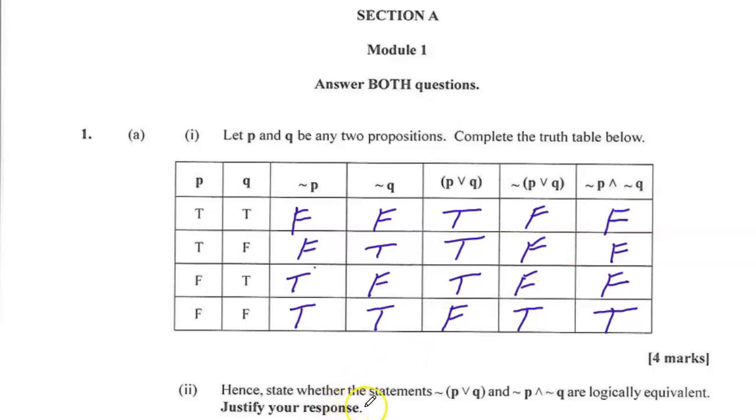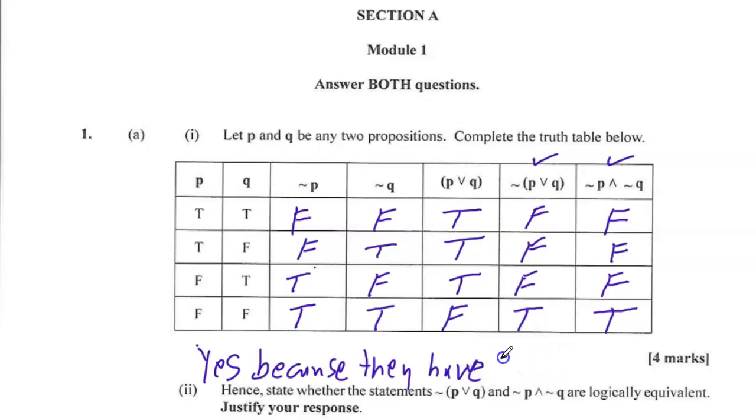So now we're asked to state whether the statements not (P or Q), that's this statement, and not P and not Q, are logically equivalent, and the answer is yes, both statements are logically equivalent because they have the same truth values.